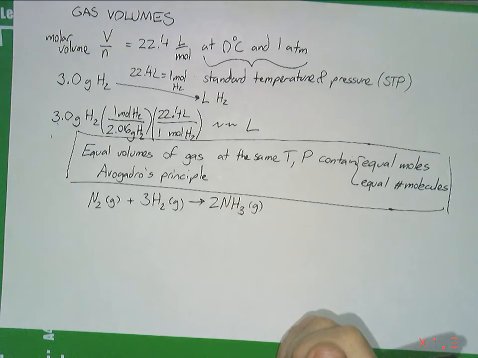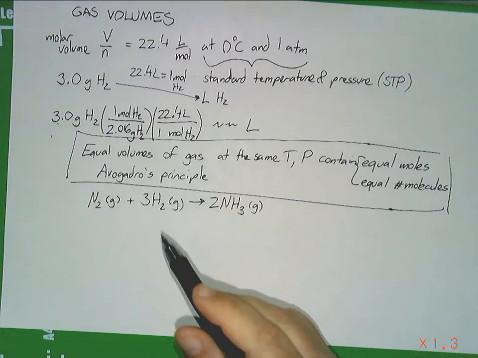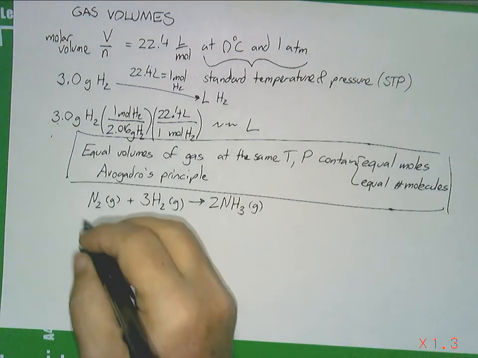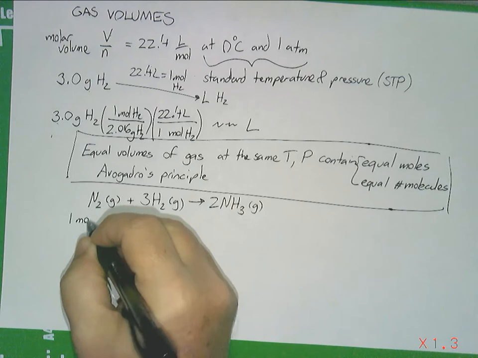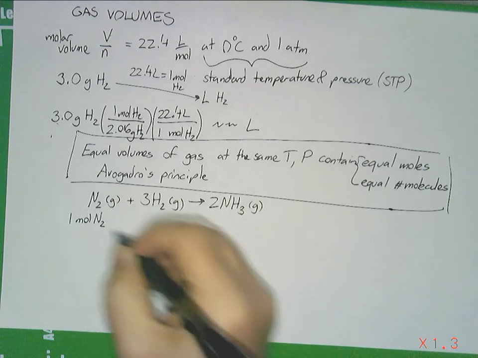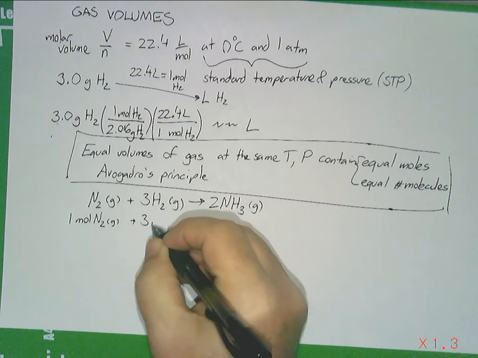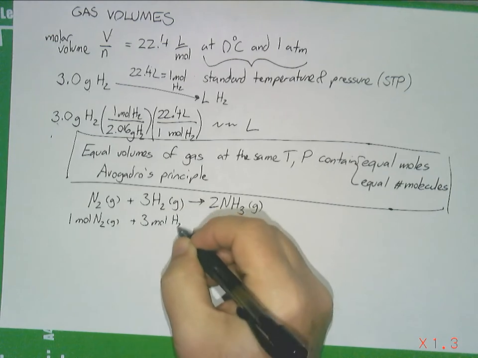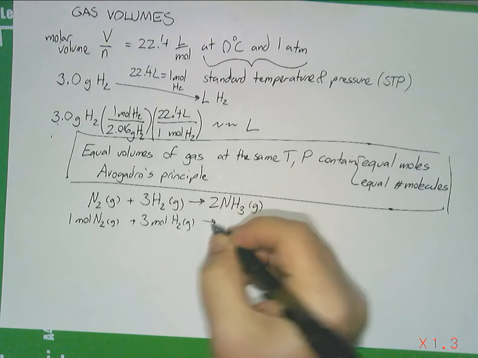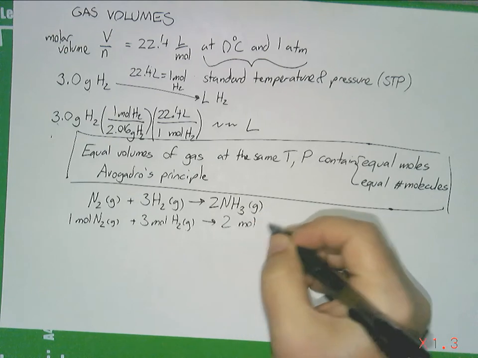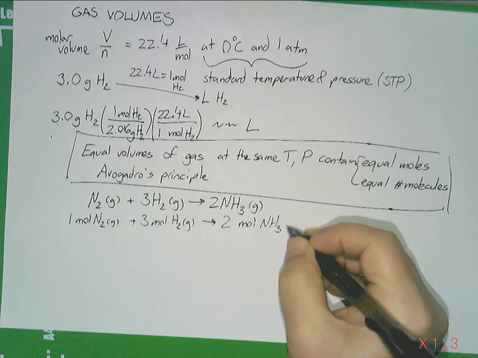And I can use Avogadro's principle to interpret this balanced chemical equation in a new way. We always have been able to say, well, this means it's a recipe. It means 1 mole of N2 gas plus 3 moles of H2 gas gives me 2 moles of NH3 gas.